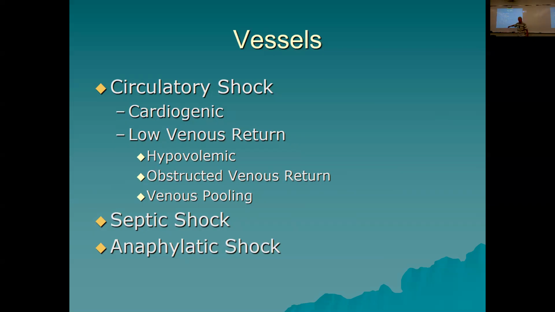And then there's one that's not up there called neurogenic shock, when you have damage to the cardiovascular center, brain damage, or damage to the vagus nerve or some sympathetic nerves that affect heart rate, and the heart slows down and doesn't perfuse enough.